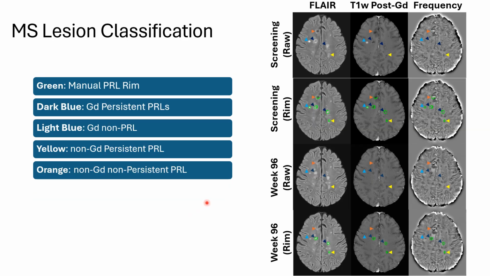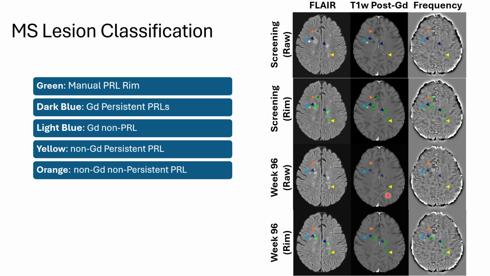The slide demonstrates how we classified MS lesions. You can see in the first row, screening acquisitions were FLAIR, post-gadolinium-administration T1-weighted images, and the phase frequency image. The second row shows overlaid manually drawn PRL rims in green.